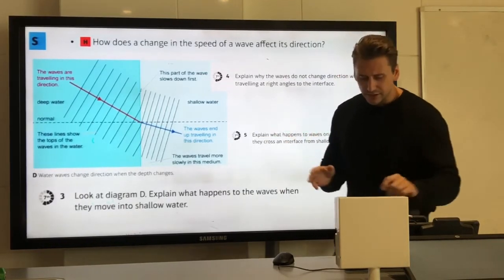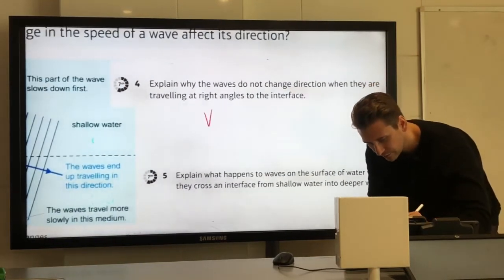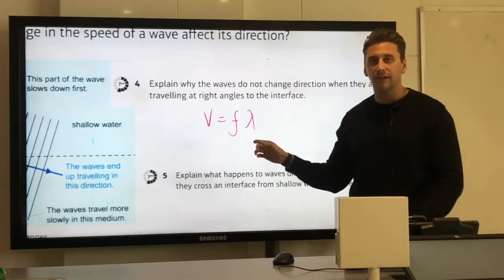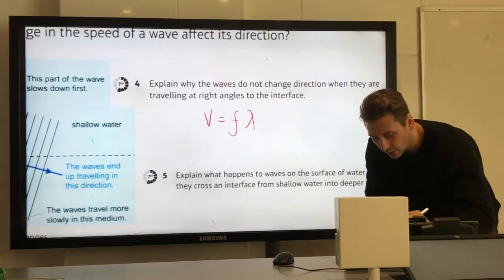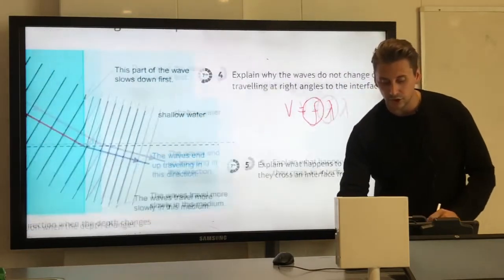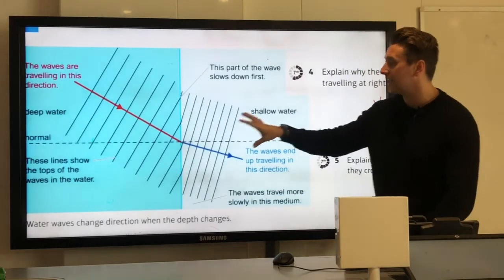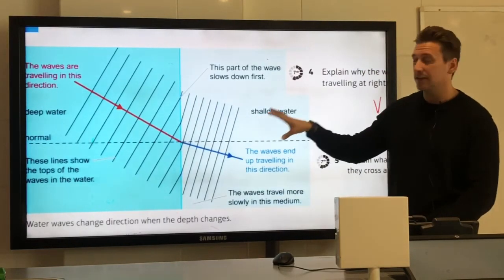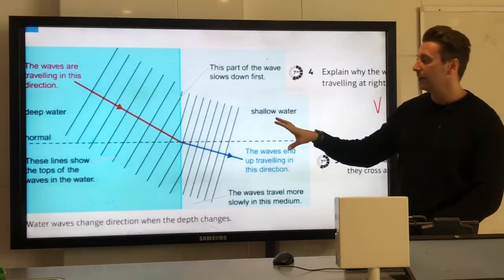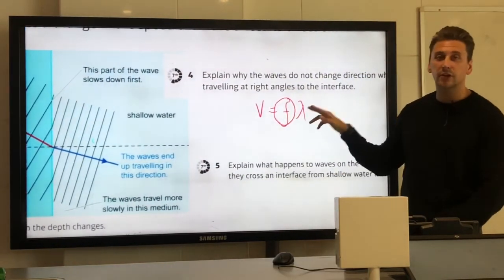Now, the only reason for that happening, if we have a look at the equation, we know v, the speed, is equal to the frequency multiplied by the wavelength. Now what we need to know is that the frequency of waves when refraction occurs, so when they come to this boundary and they change their direction and they're now traveling at a new speed, slower in shallow water, the frequency of those waves remains constant.